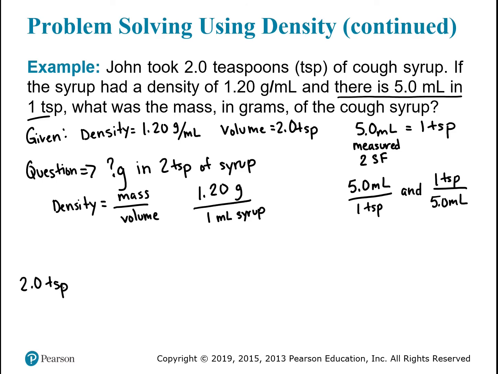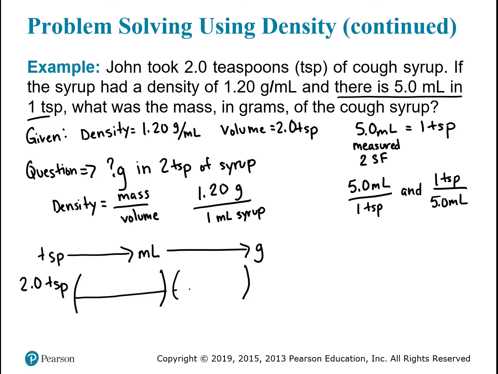Starting with these 2 teaspoons, we're going to go from teaspoons to milliliters. Then we're going to go from milliliters to grams. To go from teaspoons to milliliters, we're going to use this equality here.